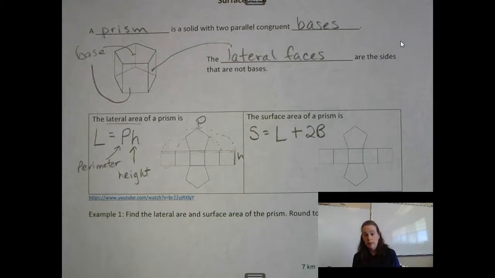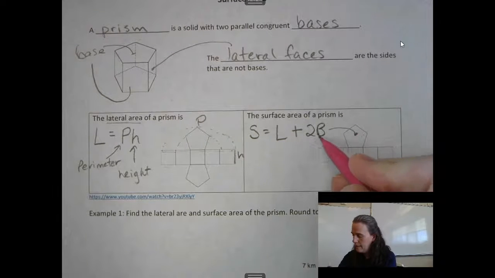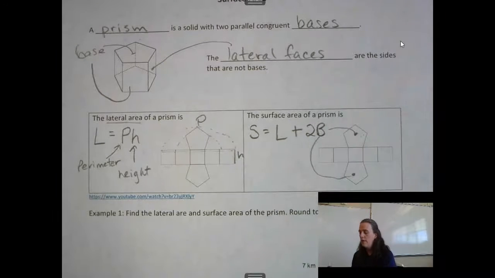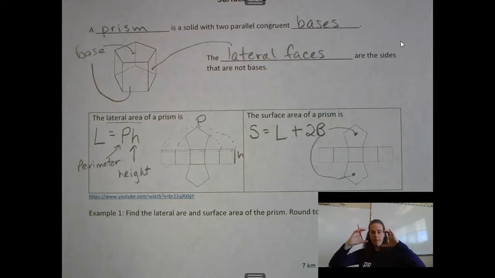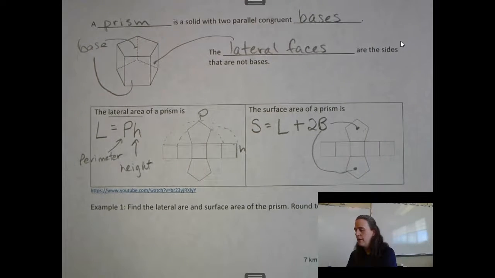Why 2 bases? Because there are 2 bases, one at the top, one at the bottom, and you need the area of both of those. And I'm going to draw this here so we remember that the bases are that part. So first you can find that rectangle if you flatten it all out, and the area of the bases, add those things together, and you will have the entire surface area.